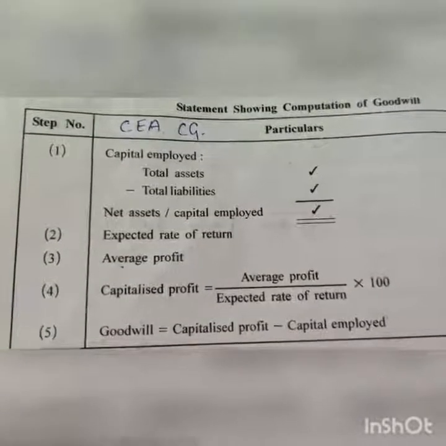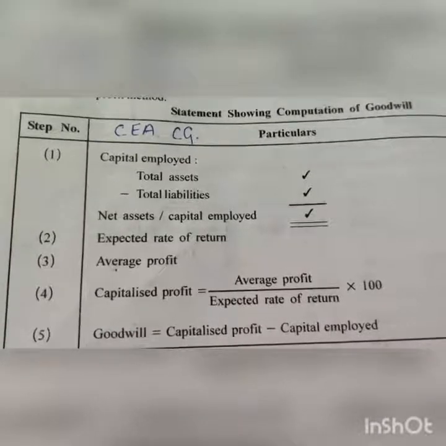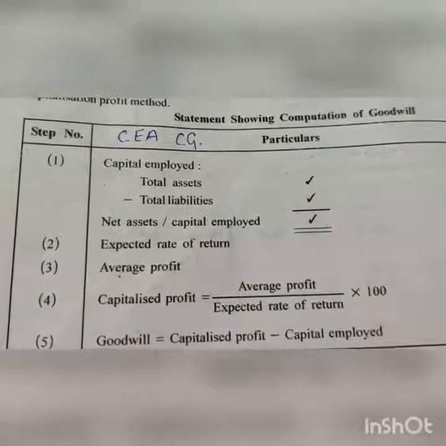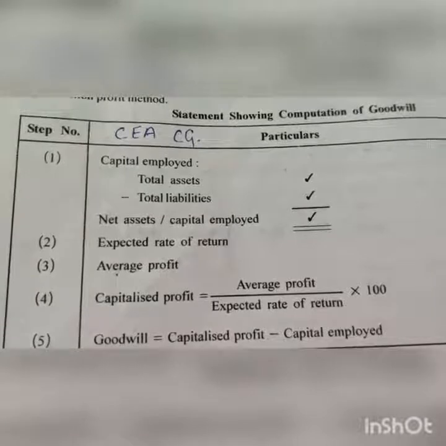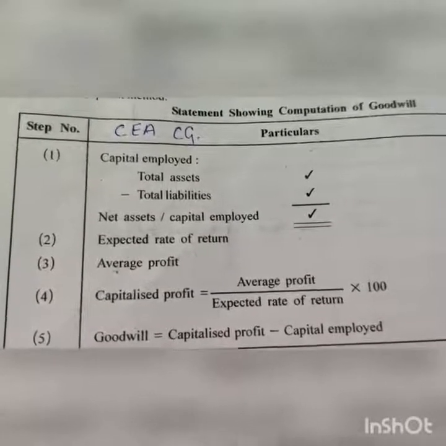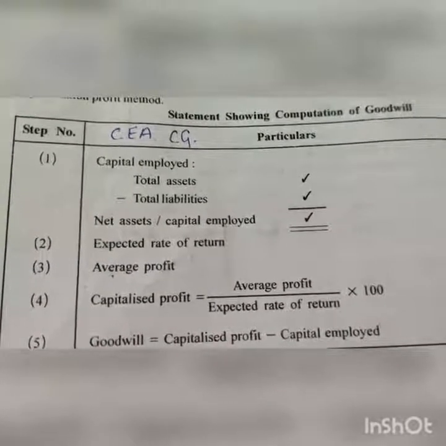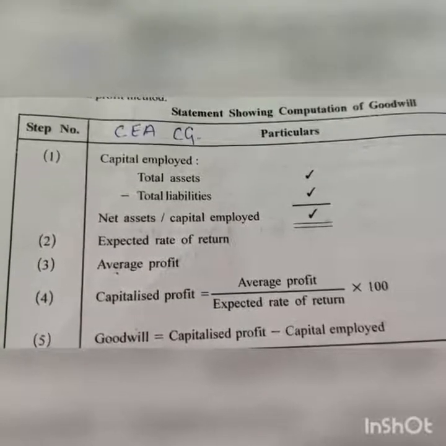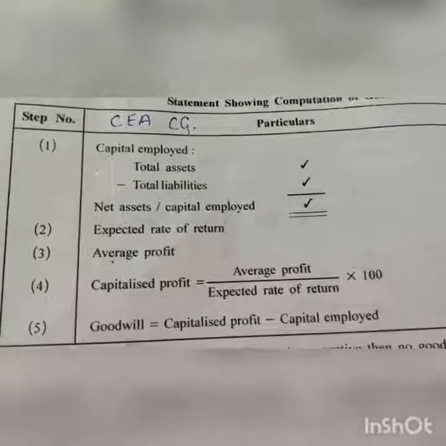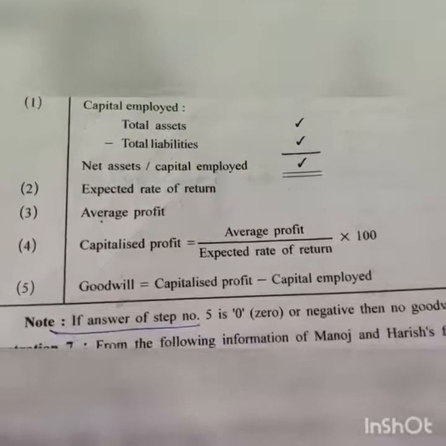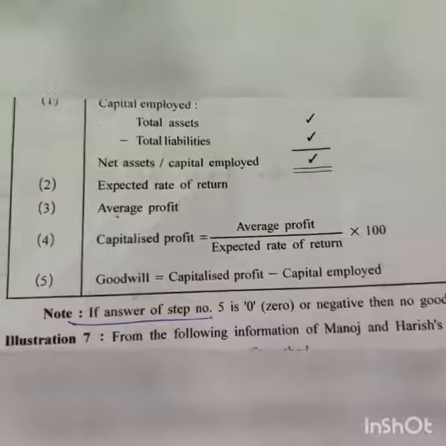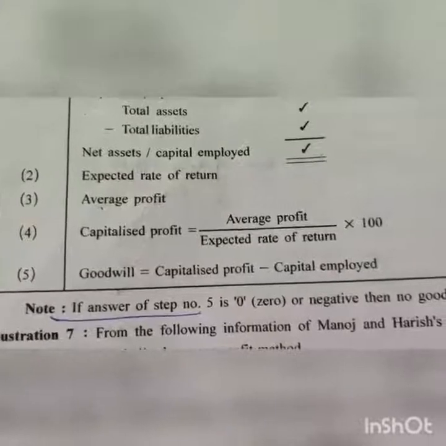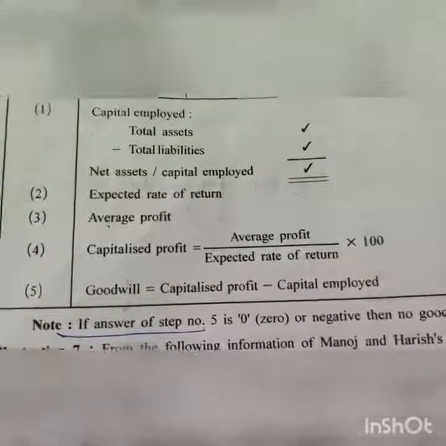The third step is average profit. In the super profit method, the third step was expected profit, but here there is no need to find out the expected profit. Directly you come to average profit. After that you find capitalized profit and then goodwill. Here the formula of goodwill is capitalized profit minus capital employed.